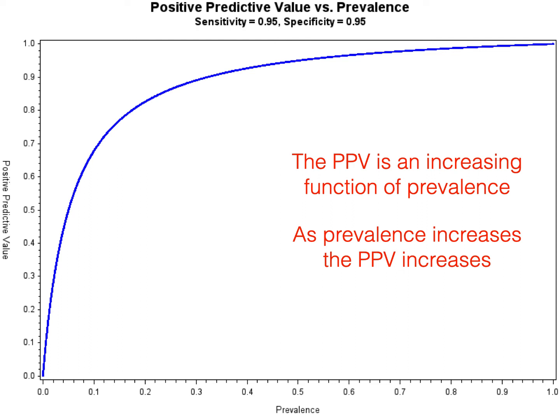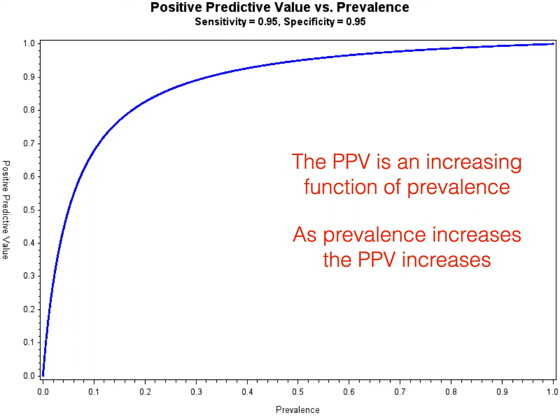And so what's the interpretation? How can we use this? Well, if somebody is being tested for a particular disease, and that disease has a very low prevalence in the particular population that that person belongs to, then, for example, for a test that has a sensitivity and specificity of both 0.95, which seems to be a pretty accurate test, the positive predictive value may still be rather low.